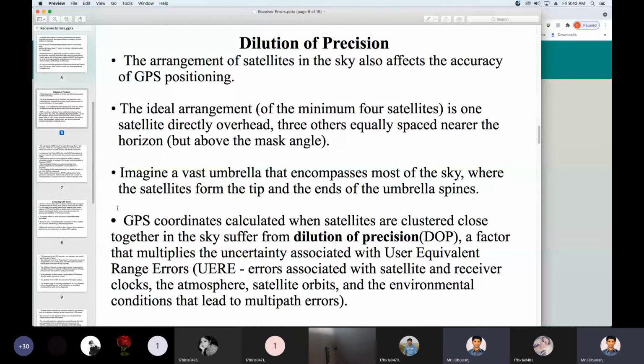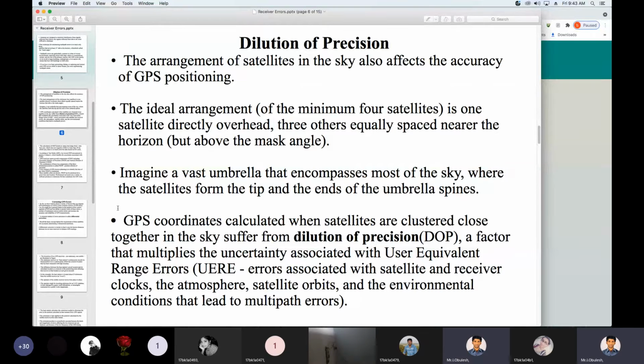Coming to dilution of precision. The arrangement of satellites in the sky also affects the accuracy of GPS positioning.